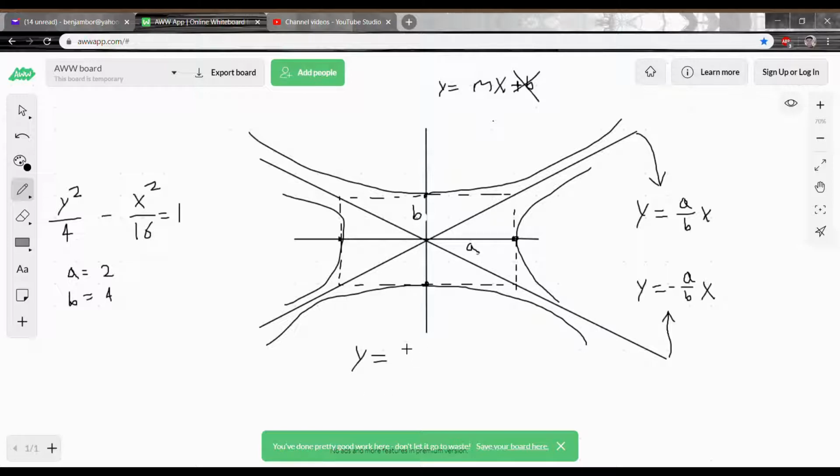The rise is now going to be b, so we're going to have y is equal to b over a x, and y equals negative b over a x. And we would just plug the a and b that we get from this problem into our new asymptote equations. So for the original problem that we did, y squared over 4 minus x squared over 16 is equal to 1, our equations would be 2 over 4 x and negative 2 over 4 x. And these would both simplify to 1/2.